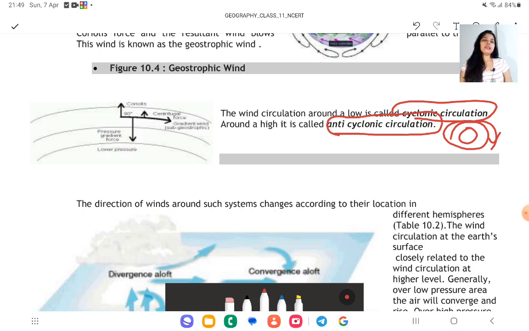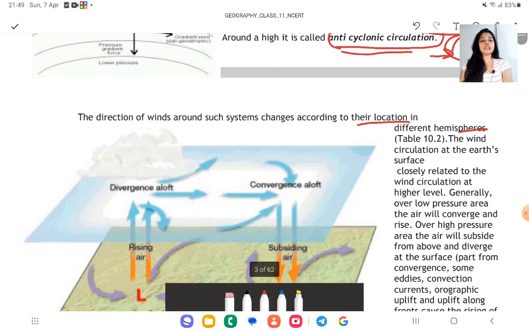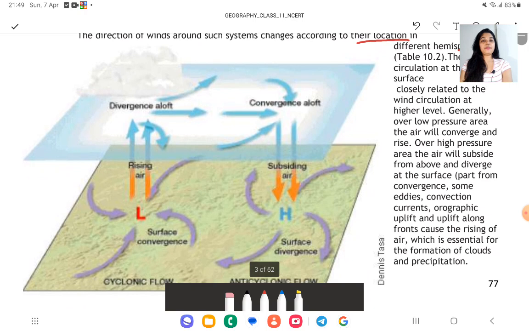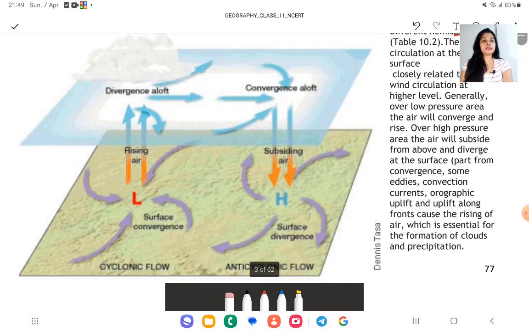It's very easy. And when the circulation is around a high pressure area, it is called anti-cyclonic circulation. The direction of winds around such systems changes according to the location in different hemispheres. So in different hemispheres, we will see that there is a change in direction, and according to that, the change in the direction of the winds is there.